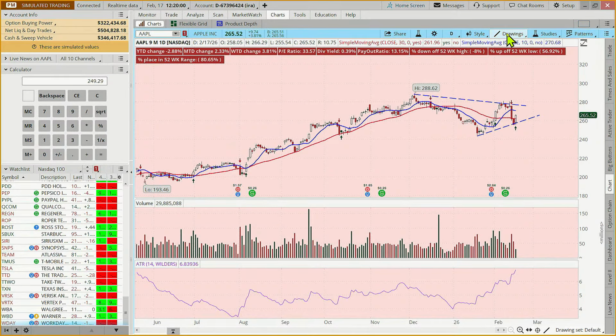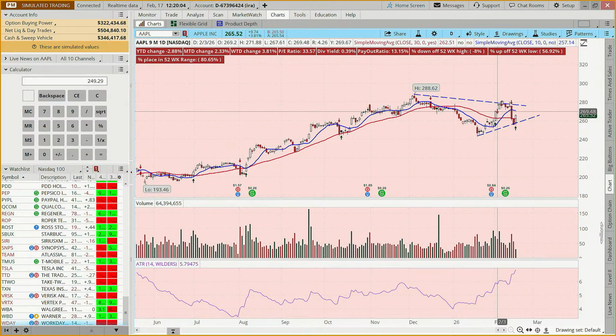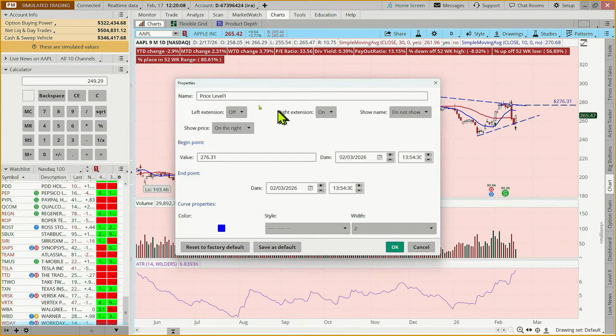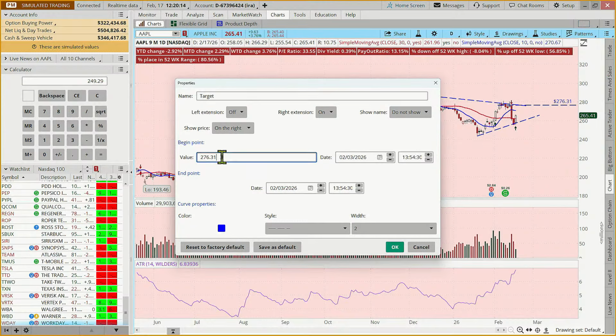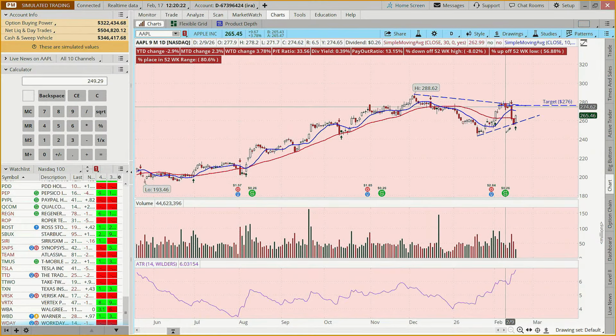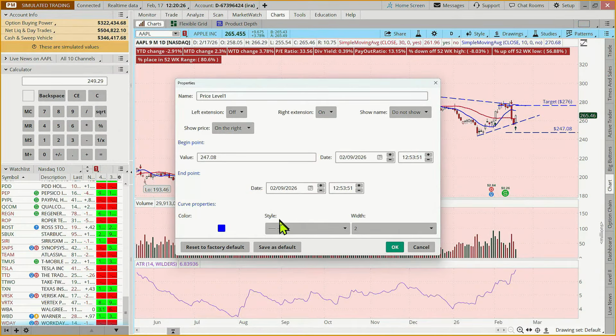So if we want, we can draw our target. We just bought 100 shares at one price, and then here's our target at 276. And then we put an exit at 249.29.